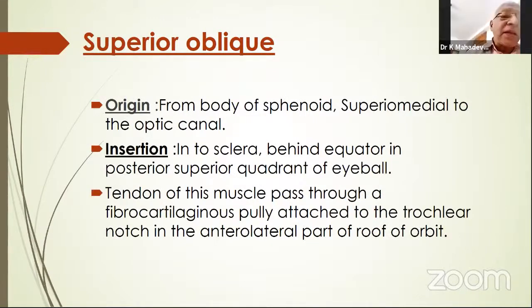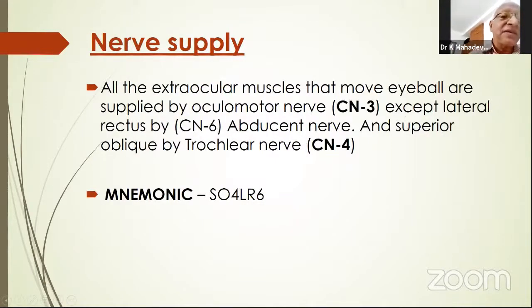So I'll keep the time. Next. Yeah, nerve supply. Now the nerve supply comes from the third nerve, except for the lateral rectus, which is from the abducens nerve. So all the muscles are supplied by the third nerve, and the one lateral rectus by the abducens nerve.